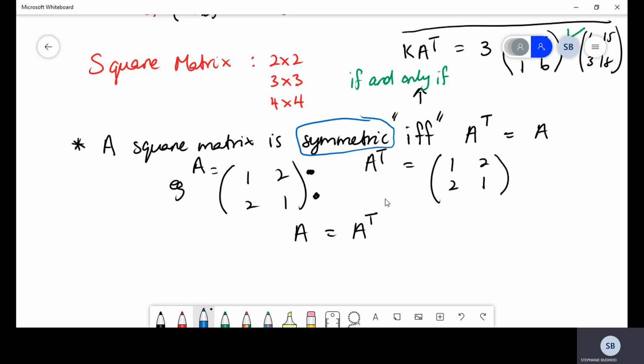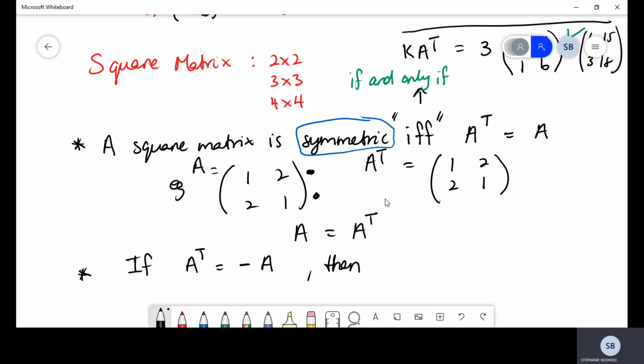And also, another property of square matrices: let's just say you are transposing a matrix, and the transpose of this matrix turned out to be negative A. So they are not exactly the same. Let's just say you ended up getting a negative sign in front of each value. So almost the same except for the sign.